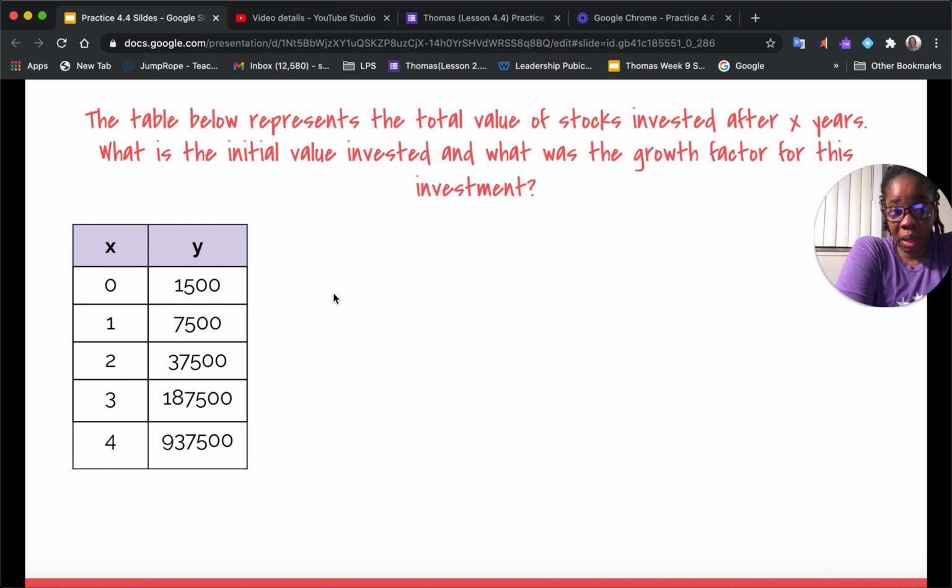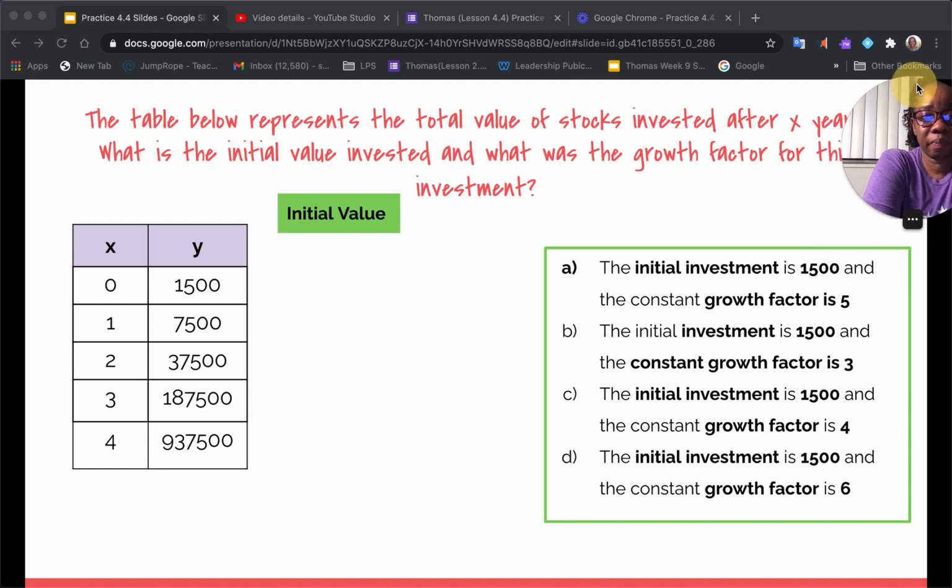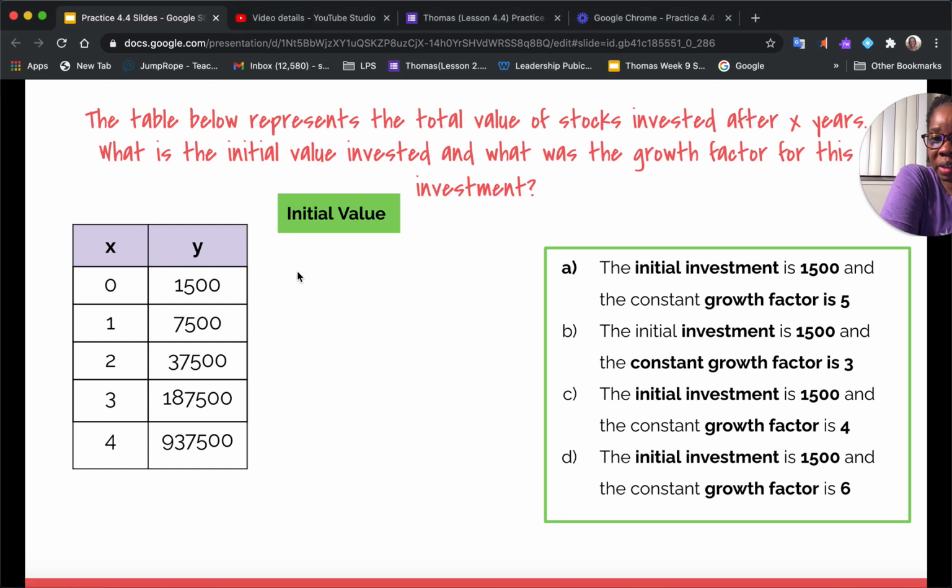So we're always going to look for our initial value, which is the value for which the x value of the function is equal to 0. And so we can see that in our first row there, which is 0, 1500. So that was the first amount that was invested. That's the initial value of the stock.